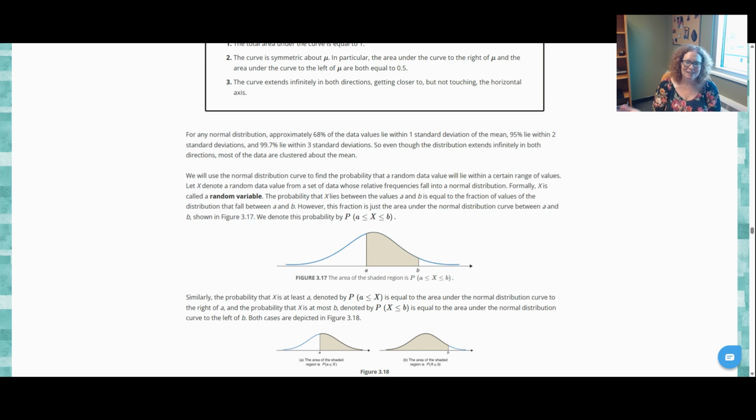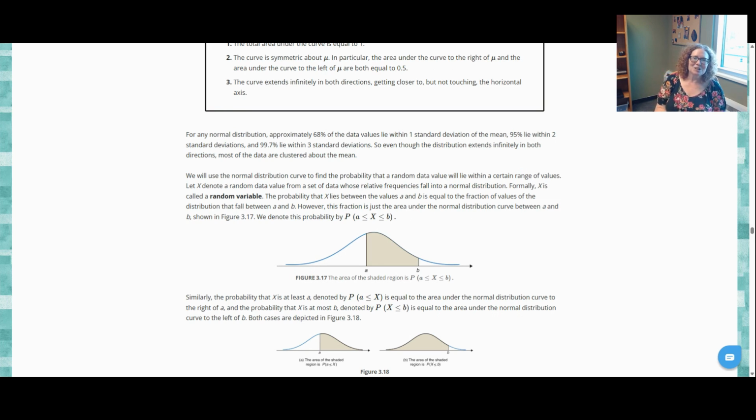So there's that. We are also going to find out the probability that a random data value lies within a certain range of values. So we're going to ask, what is the probability that this number, this random number 15, falls within that certain area that we're looking at?